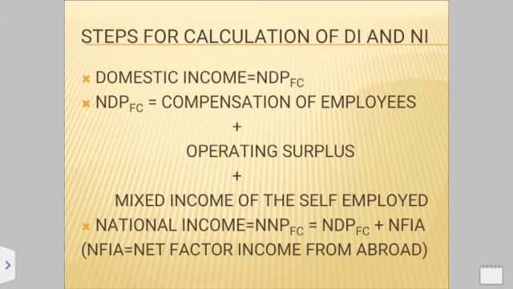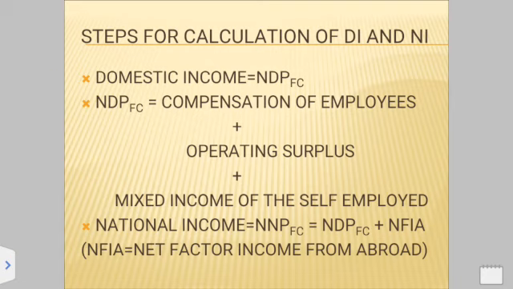So we add the net factor income from abroad to the domestic income to reach national income. This is all about how to estimate national income under the income method.